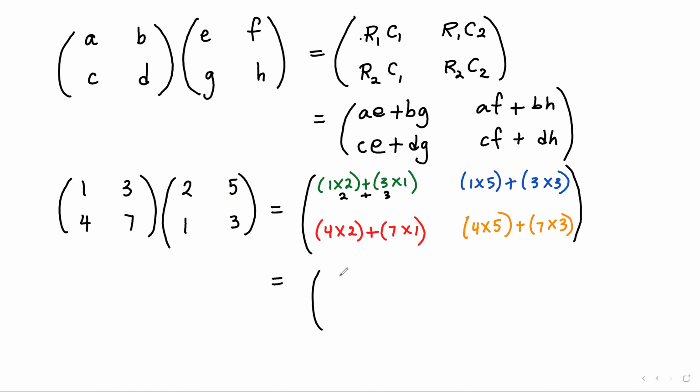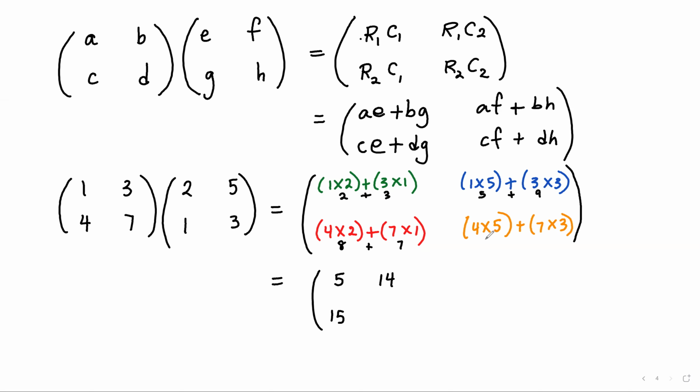So 2 plus 3 is 5. And then here, 1 times 5 is 5, plus 3 times 3, which is 9. So 5 plus 9 is 14. 4 times 2 is 8, and then 7 times 1 is 7. So 8 plus 7 is 15.